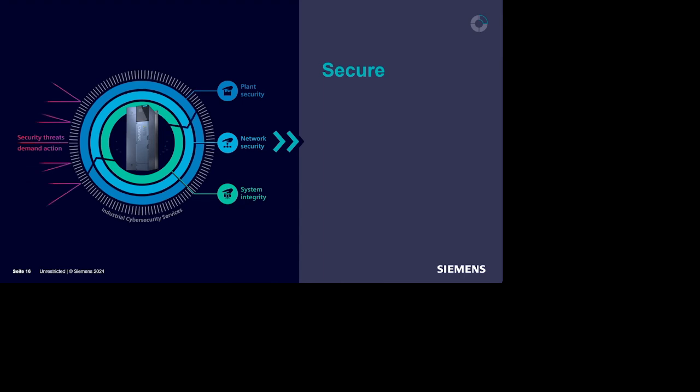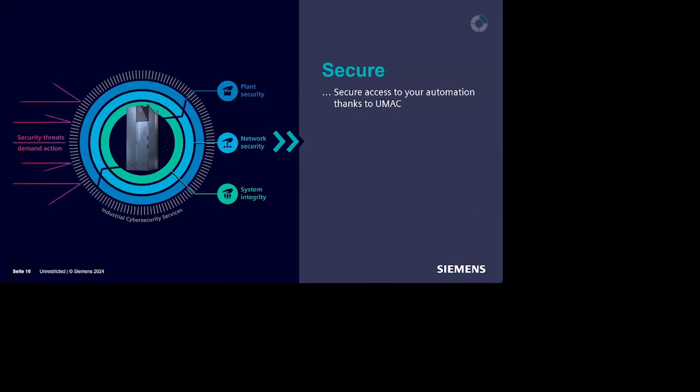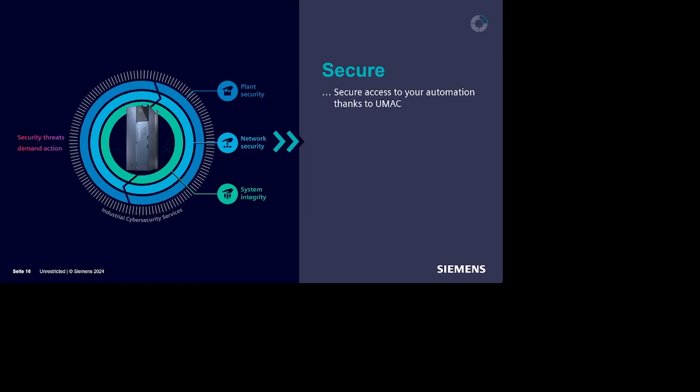Well, this is not allowed anymore because Sinamics G220 provides a secure access to the automation. Secure access meaning the UMAC, which is the user management and access control. We can define different profiles, different user rights, and only those who have the right settings can access and manipulate the configuration of the drive.